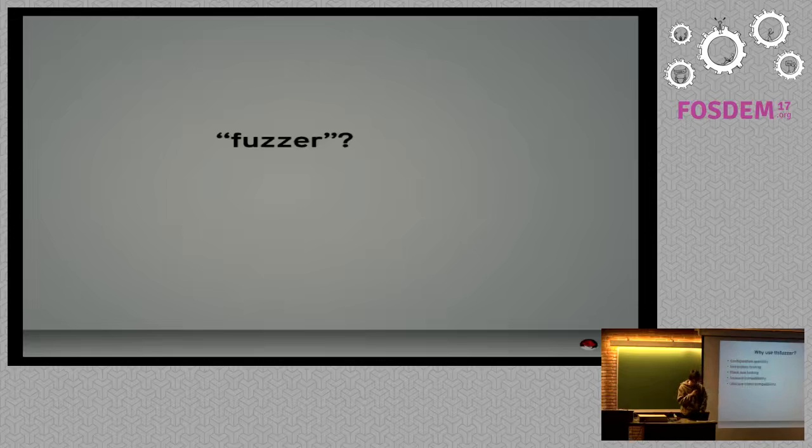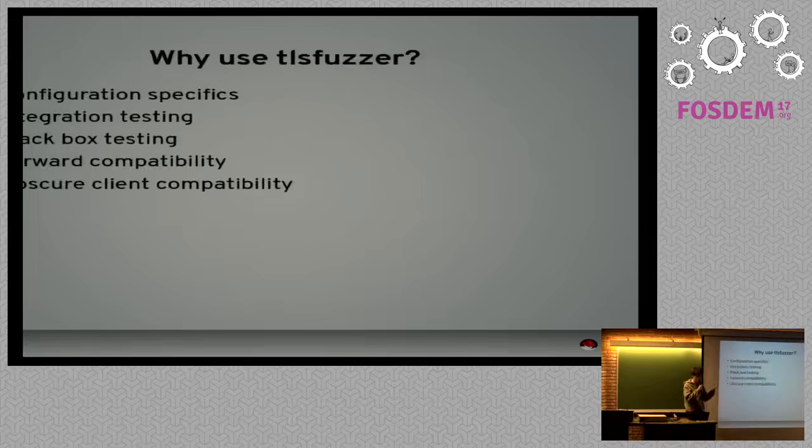So why should you use TLS fuzzer? While we will be testing TLS implementations, hopefully most of the programmers of the libraries that we don't ship will start using TLS fuzzer. The problem is that some things are configuration specific, and some insecure behaviors may be caused by changes in configuration.